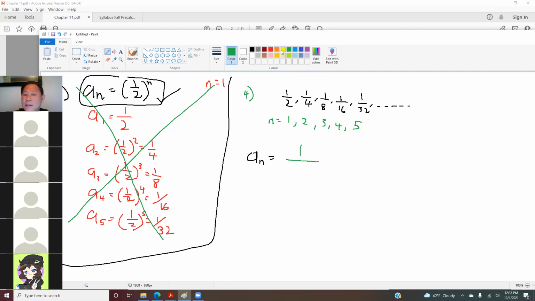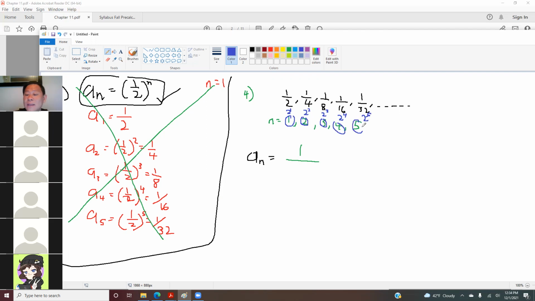By looking at it, a little trick here: this is actually going to be 2 to the power of 1. This is 2 to the power of 2. This is 2 to the power of 3. This is 2 to the power of 4, which is 16. This is 2 to the power of 5, which is 32. So that means your powers 1, 2, 3, 4, 5 match with your n, 1, 2, 3, 4, 5.